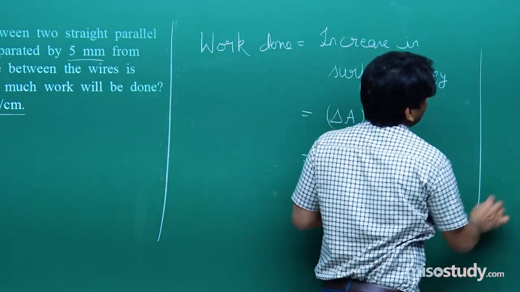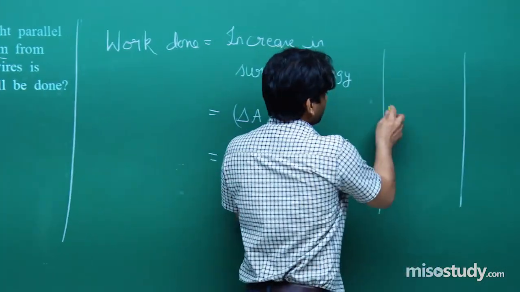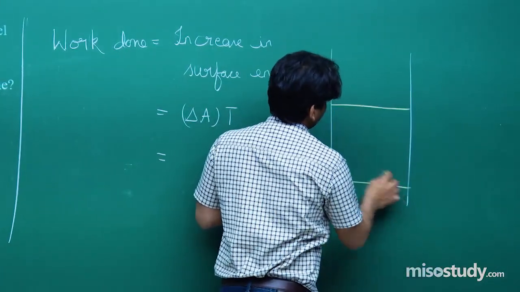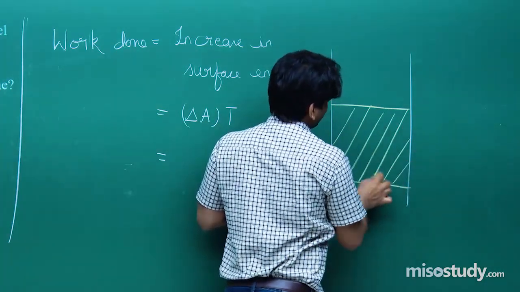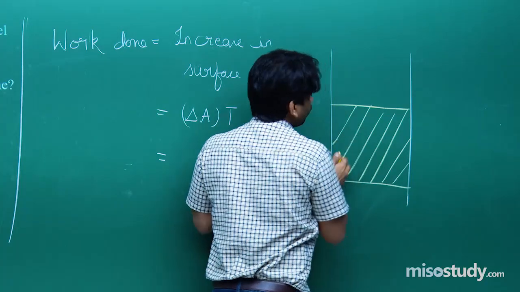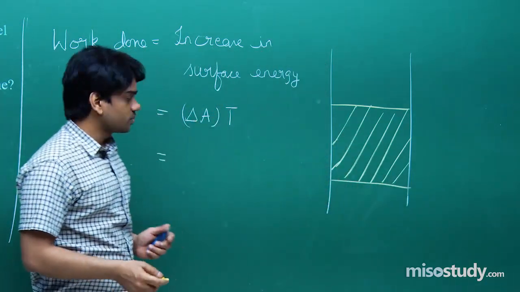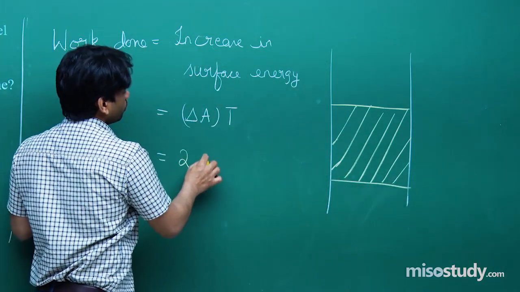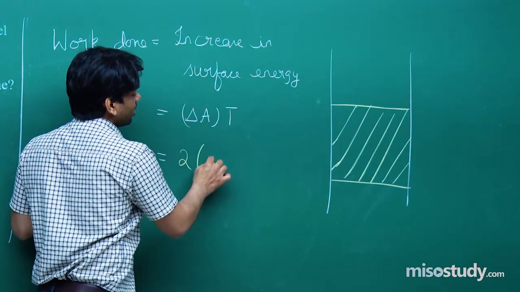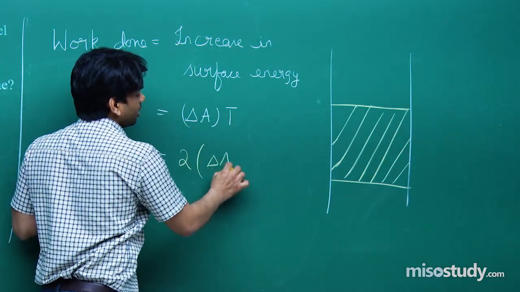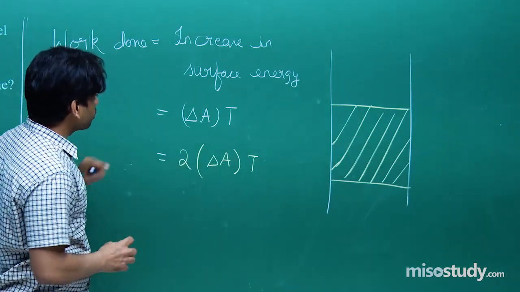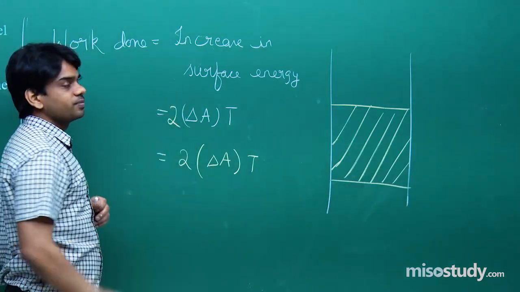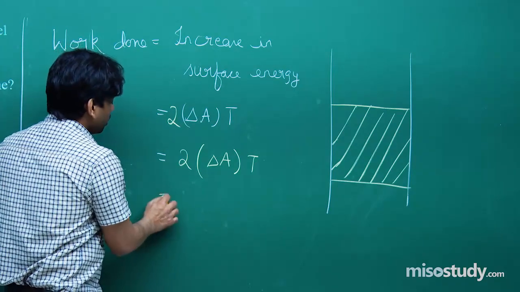You can see this. This is the wire film. If this is the liquid film, there will be two areas, one upper, one lower. So 2 into increase in area, delta A, into T. If you are confused with this, I am also multiplying 2 here so that you don't get confused.